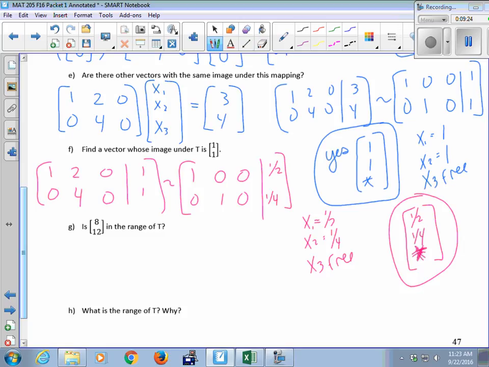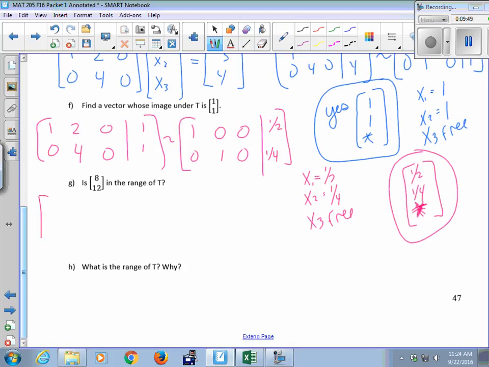Is 8, 12 in the range? That means is 8, 12 a possible output of multiplying your matrix by a 3 by 1 vector? Is 8, 12 producible? Yeah, you should do the exact same thing as before.